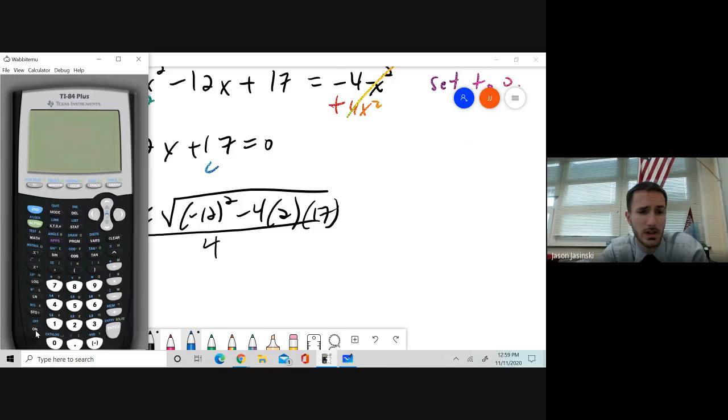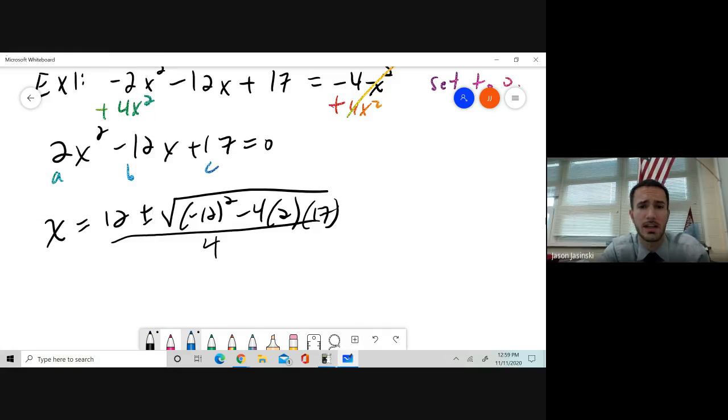Or if you don't trust yourself, you could simply use a calculator. So we're basically finding the discriminant, which is the inside portion of the quadratic formula, just to simplify the problem further. So that was 144, take away 136, which is 8.